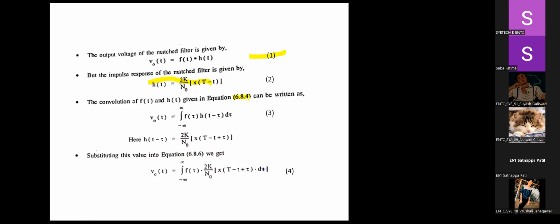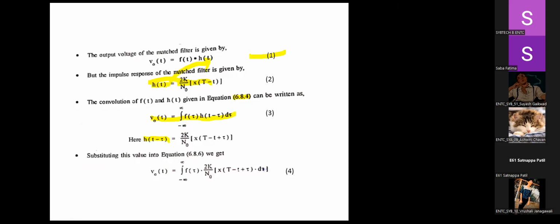We can rewrite this as the integral of f of tau into h of t minus tau. So what is h of t minus tau? This particular information we are substituting here.